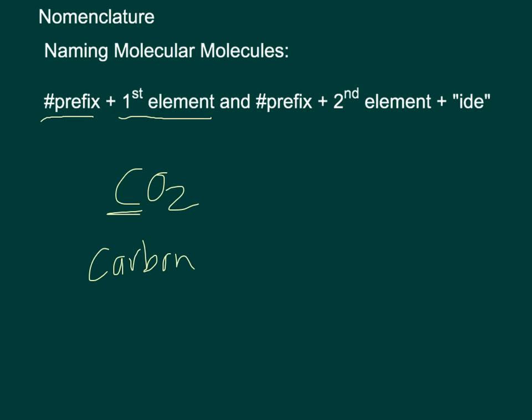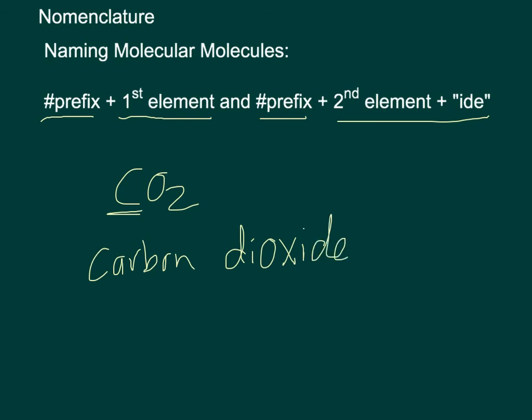And then for the second one, you add a number prefix for it, however many there are, plus the second element, and you change the ending to "ide." So in this case, we have 2 oxygens that are covalently bonded to that carbon, so you would say carbon, 2 is di, and then oxygen, drop the gen and add the ide, dioxide.